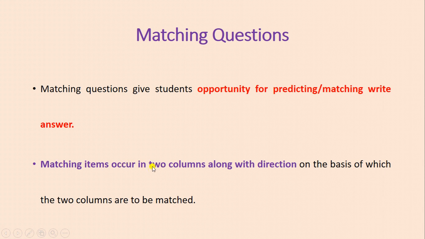There are two columns and there are directions, and on the basis of the directions the two columns are to be matched. This is an important statement for matching type items. The students have to read the directions carefully, and according to the directions they have to match the two columns.